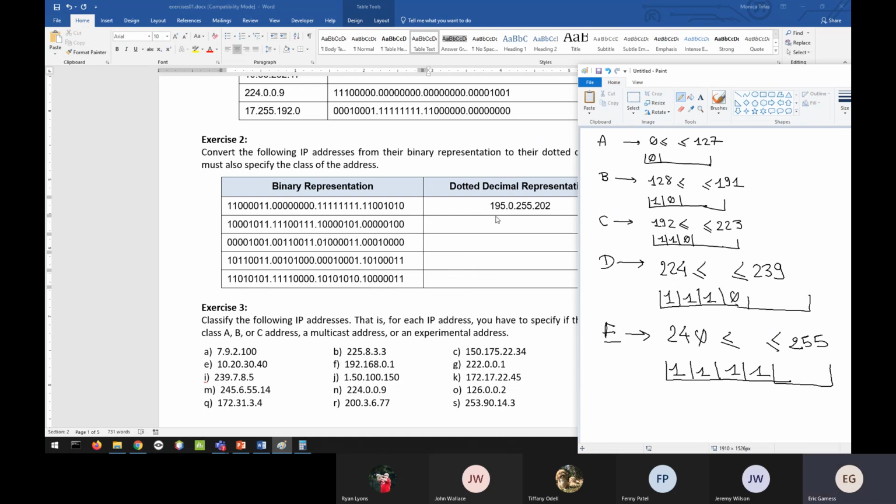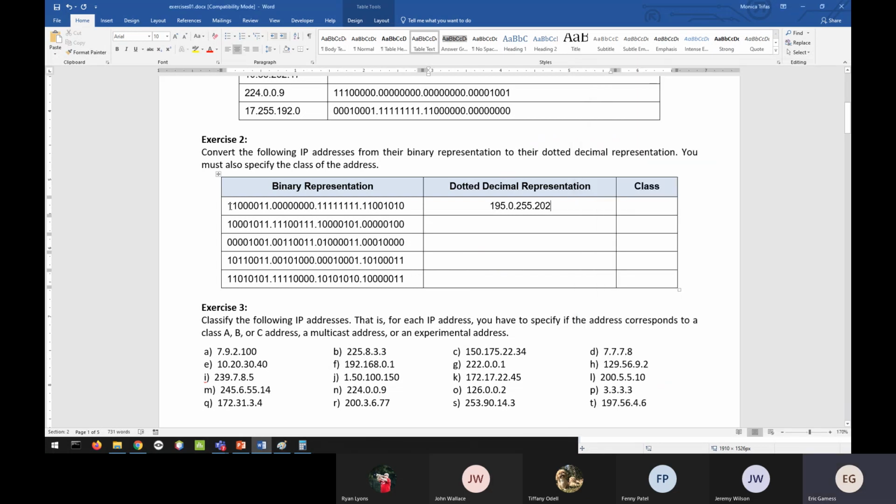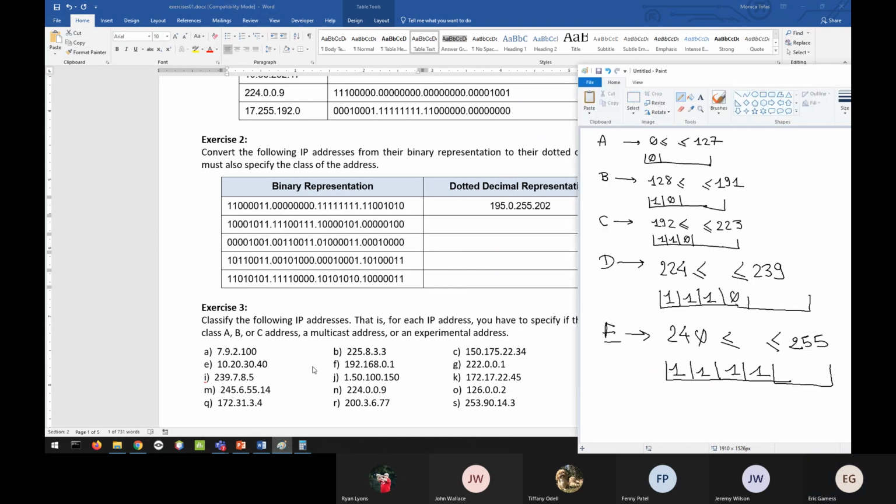So by looking at this first byte, we know that it's a class C. Another way to see it: take the first 3 bits. It's a class C if the first 3 bits are 110. So it's a class C.